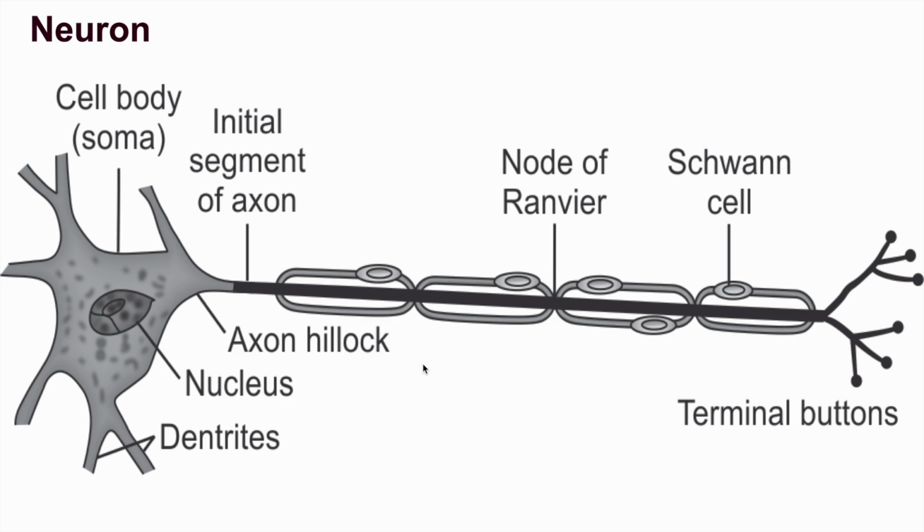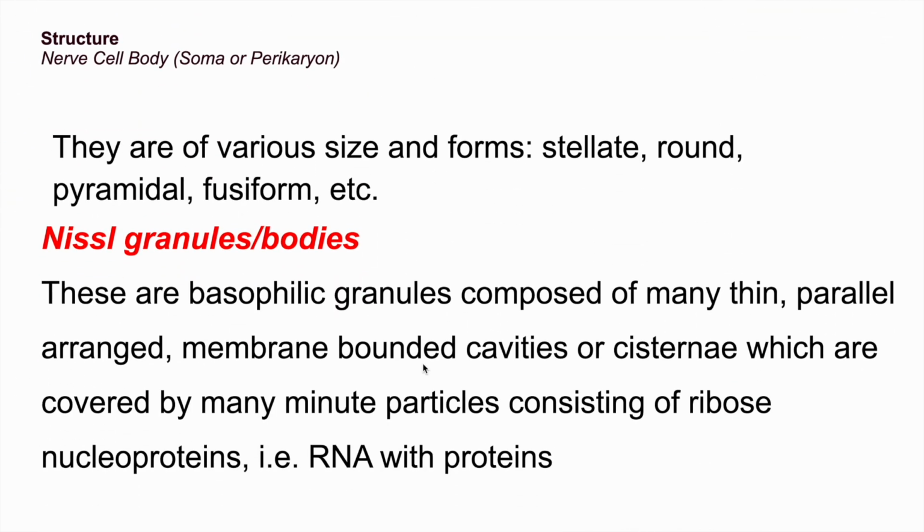If you focus on the first structure, the nerve cell body or soma or the perikaryon, it is of various sizes and forms, like stellate, round, pyramidal, fusiform, etc.